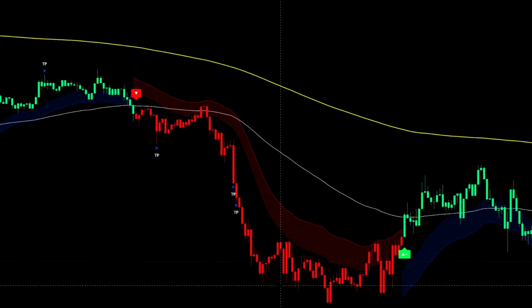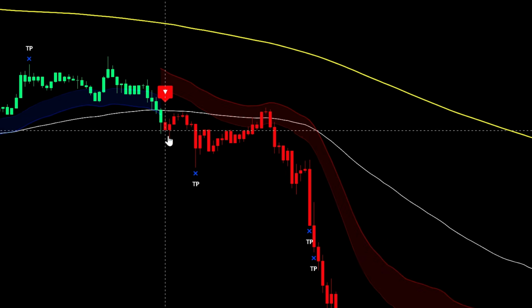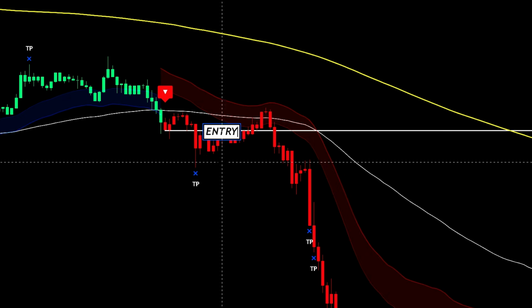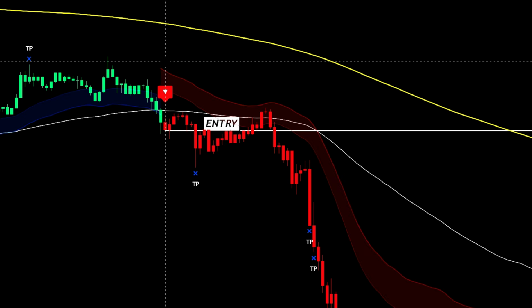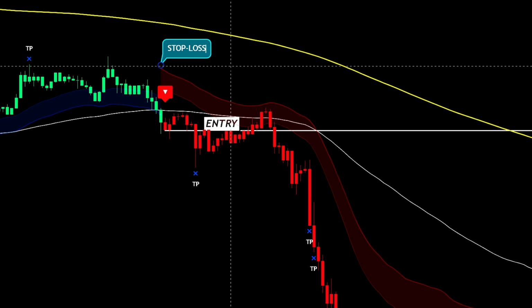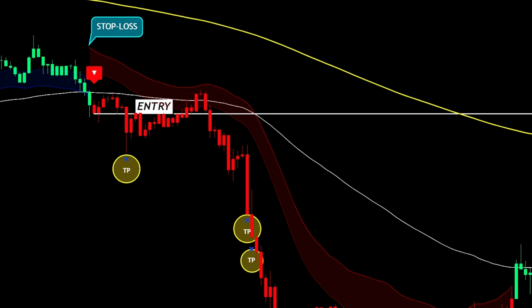When a sell signal shows up, the entry is on the close of that candle. A stop loss goes just above the colored ribbon, and the targets are already drawn for us.